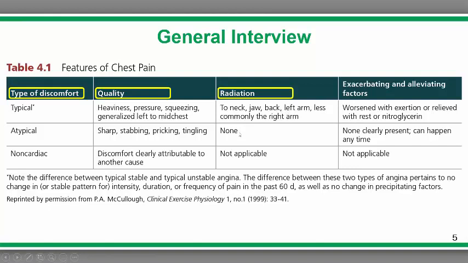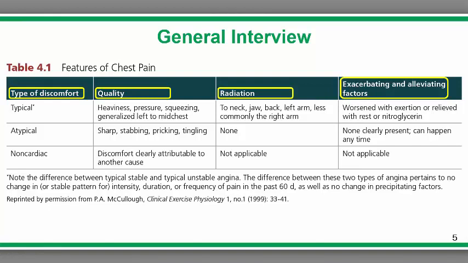But we see that with atypical, there's typically no radiation, and this is not applicable with the non-cardiac type of chest pain. In terms of exacerbating or alleviating factors, typical chest pain becomes worsened with physical exertion and is relieved by resting or with nitroglycerin, which is a medication that absorbs very rapidly under the tongue.